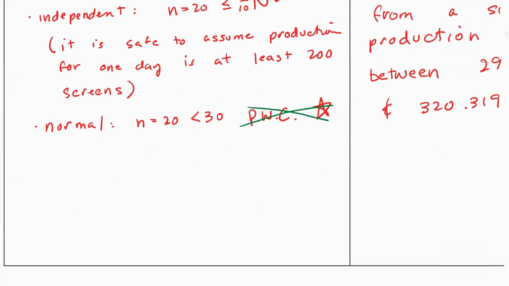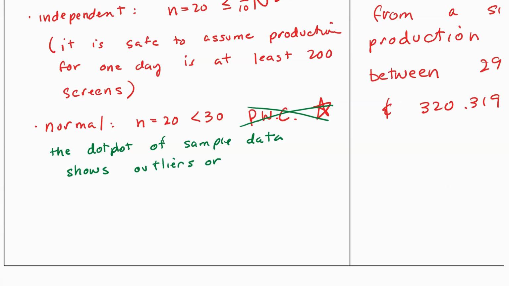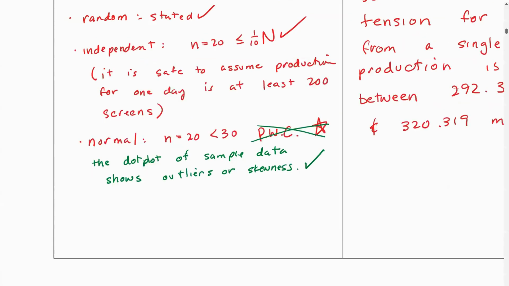We could say the dot plot of the sample data shows no outliers or skewness. And we give ourselves a check mark on that old condition.